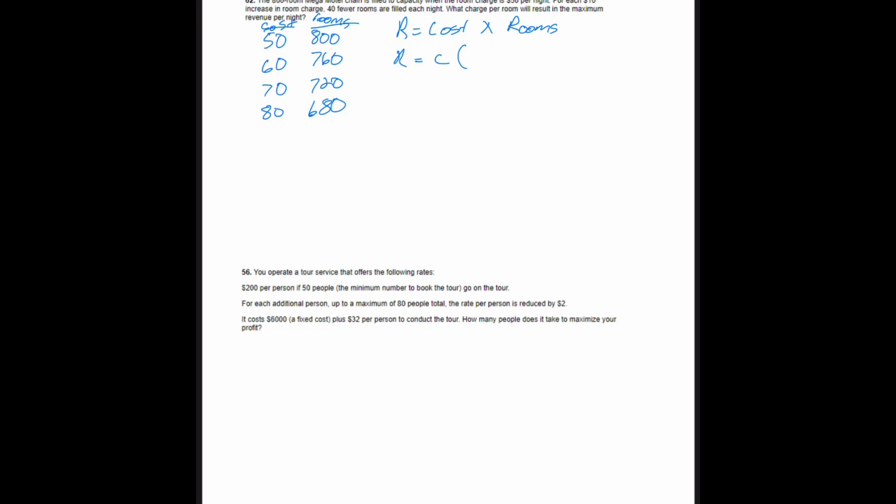So if we let C be cost, the question is how many rooms are full? Well, if C were 50, we need the number of rooms that are full to be 800. If the cost is 60, then we need the number of rooms that are full to be 740.